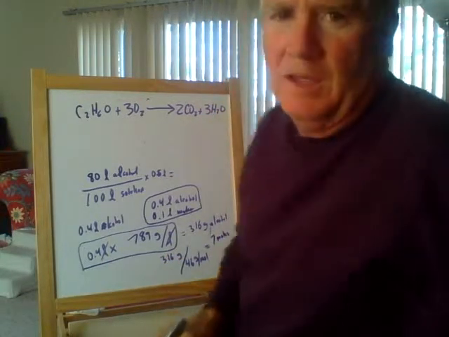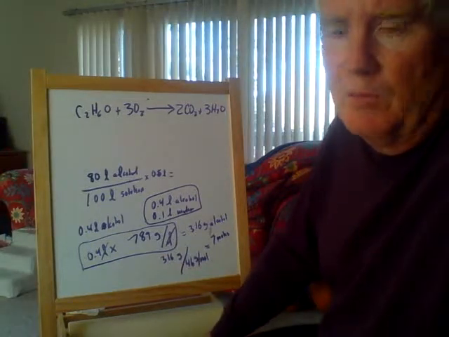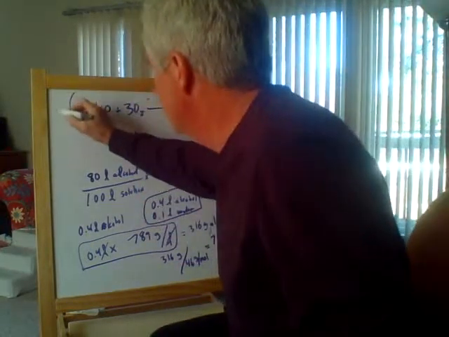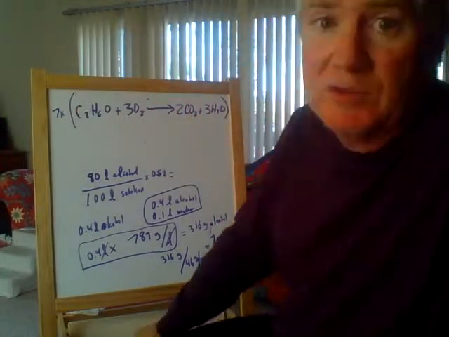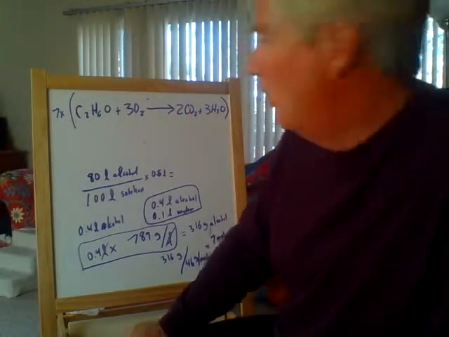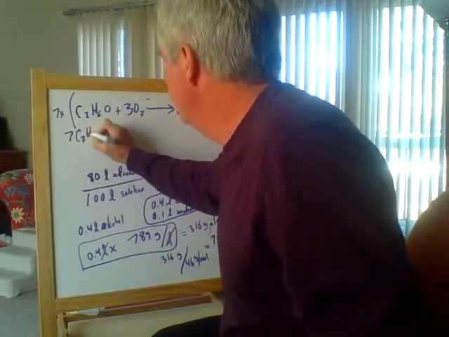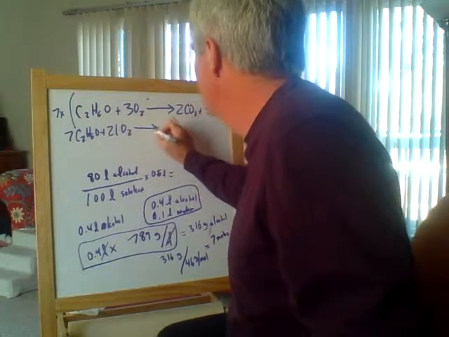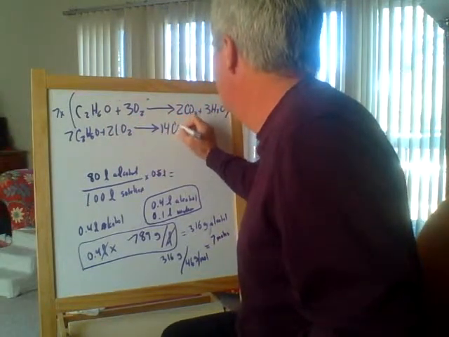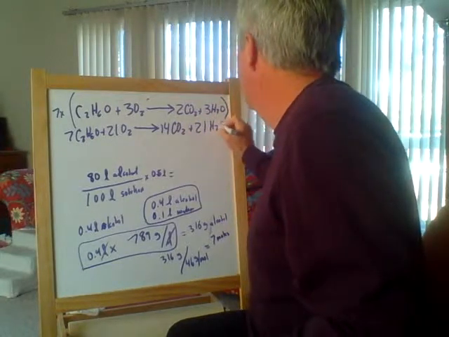And if you remember, you can always multiply this equation any way you want. Just for grins, I'm going to multiply by 7, because that's the problem we're given: we have 7 moles of ethanol. So if you multiply this by 7, you end up with 7 ethanols and 21 oxygens, yields 14 CO2s and 21 waters.